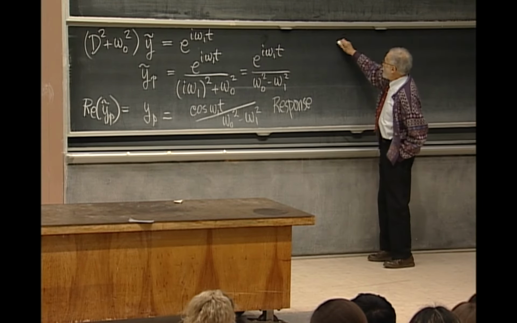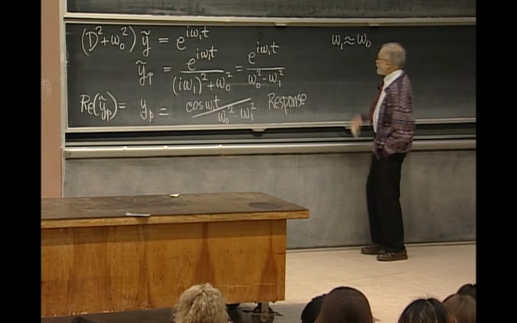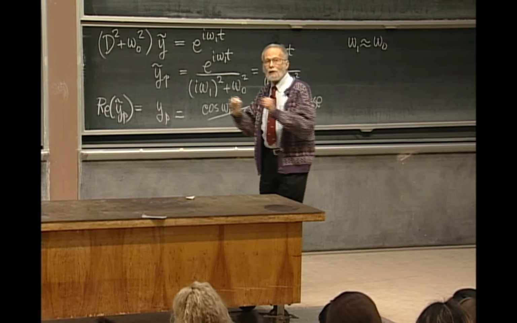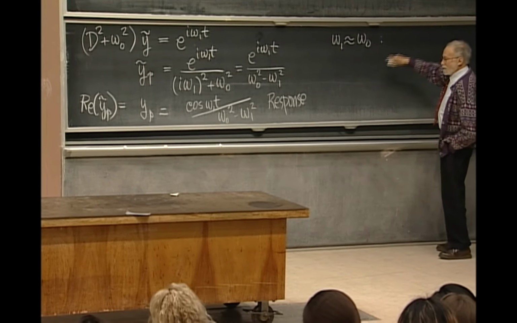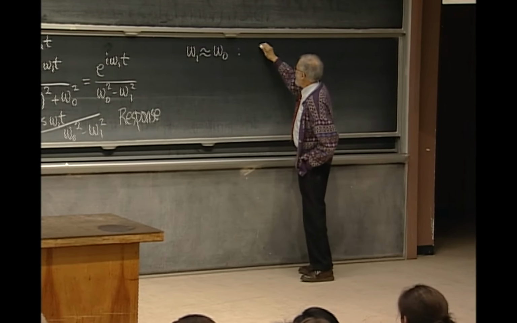Now, the interesting case is when omega 1 is very close to omega naught, the natural frequency. When you push it with approximately its natural frequency, then the solution has big amplitude. The amplitude is large.